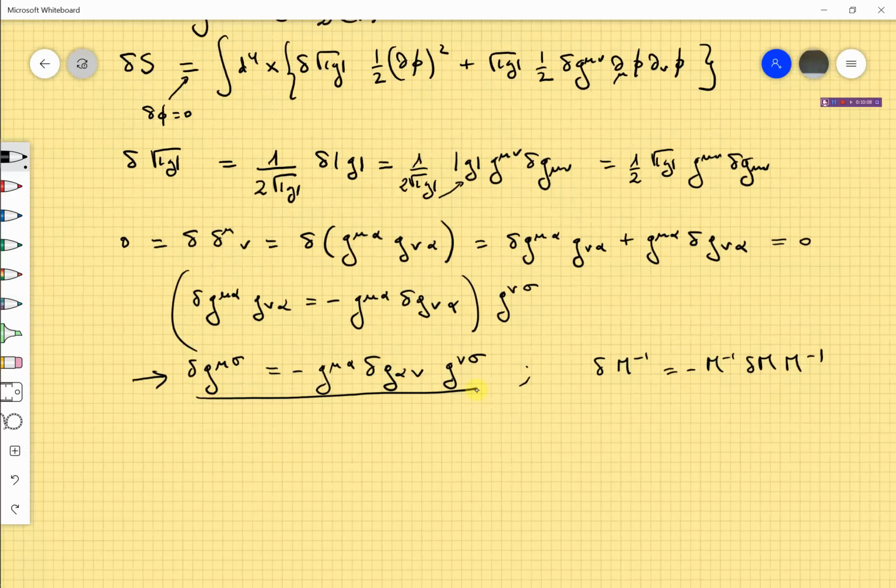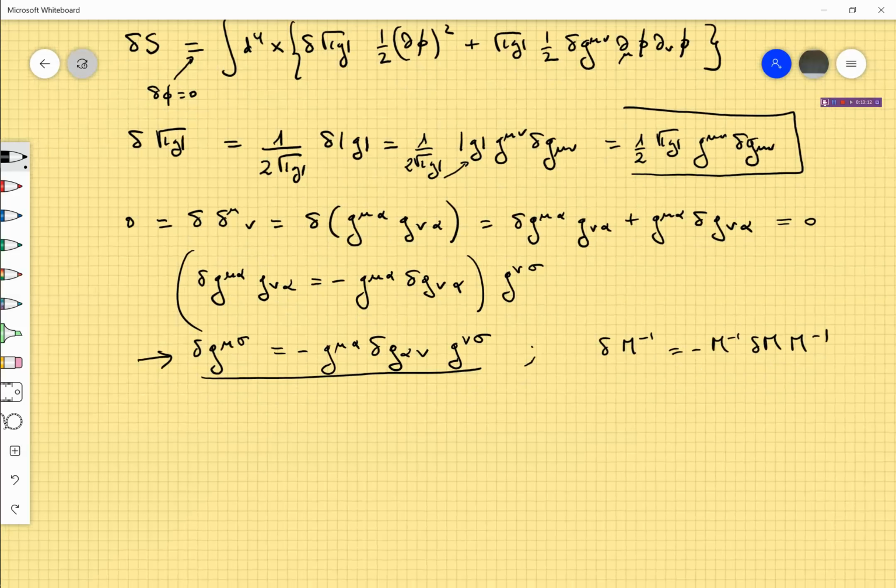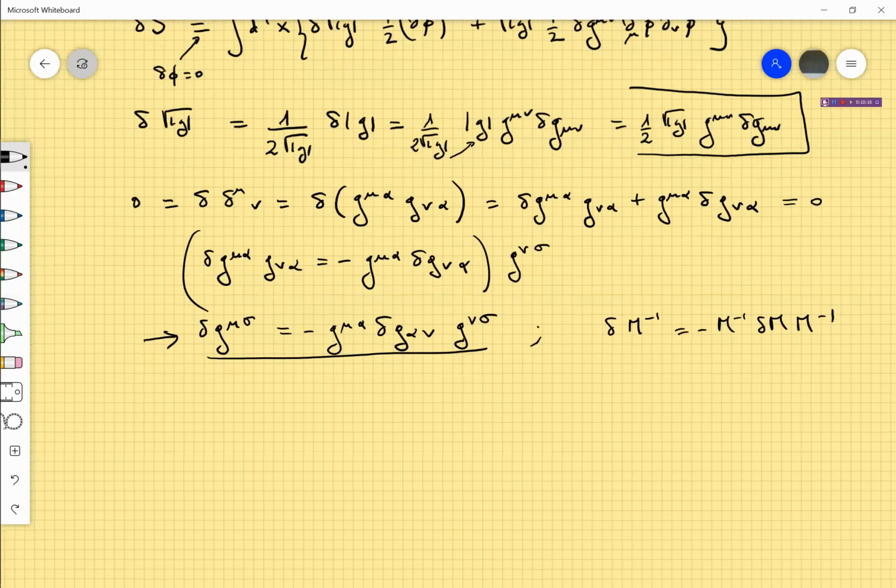But here we have written the variation of the square root of the metric with respect to delta of the metric, not the inverse metric. We can convert one into the other, and in this case the only difference is that you get a minus sign, and you get g_{mu nu} delta g^{mu nu}.